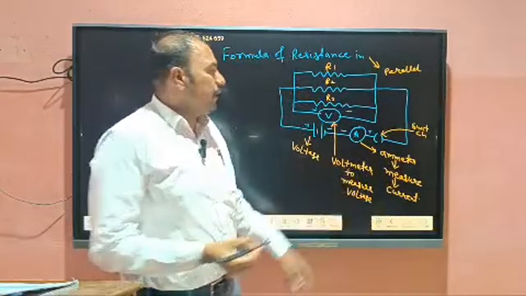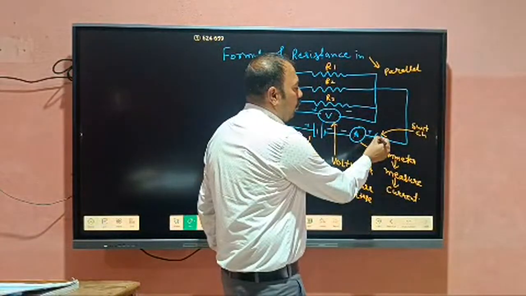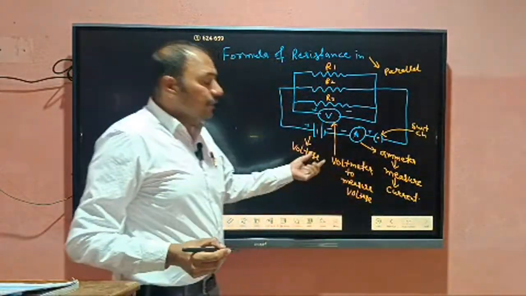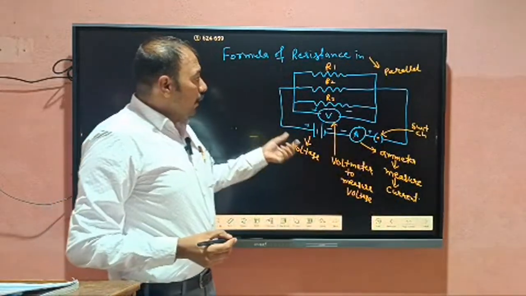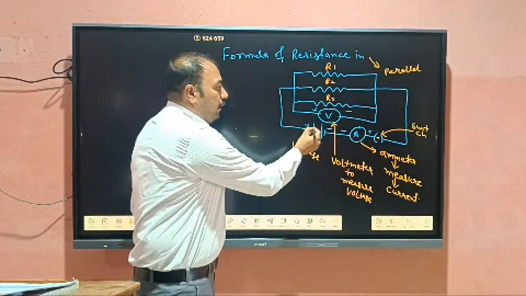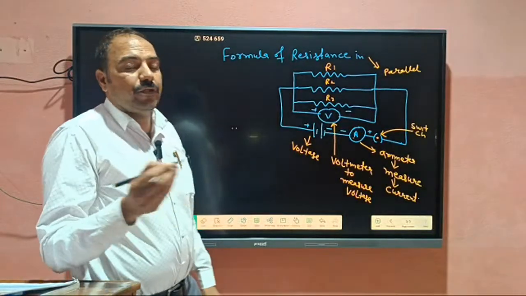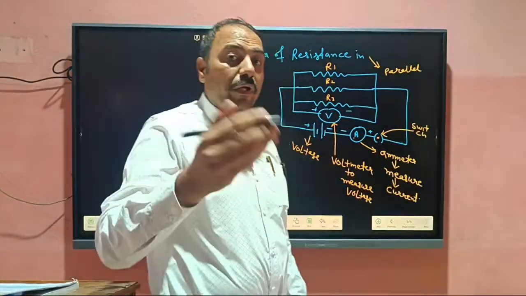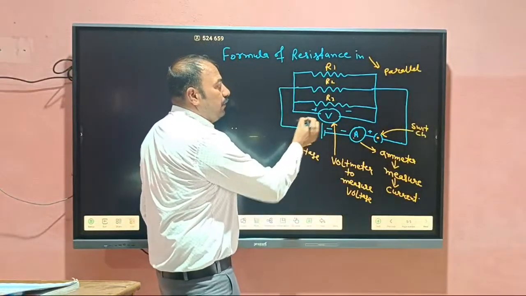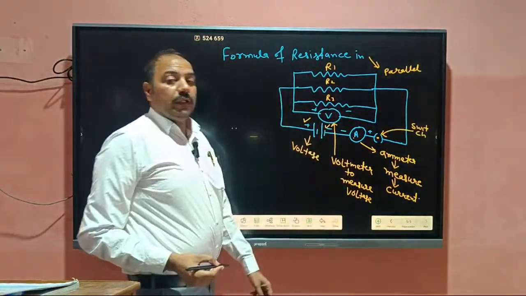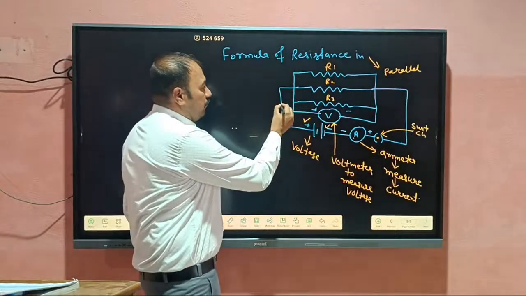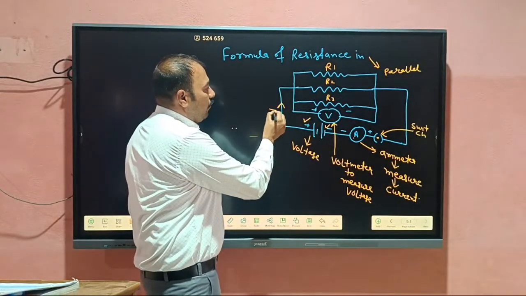Basically this switch is an open circuit. When we put a dot here, it is a closed circuit. What happens when we apply voltage? Electrical current flows in the circuit, and the direction of electric current is taken from positive to negative. Here this is positive and this is negative. So what is the direction of the current here? This. So this is the value of I.